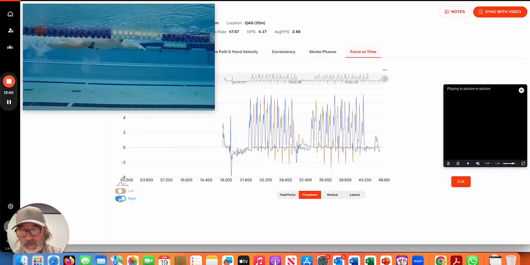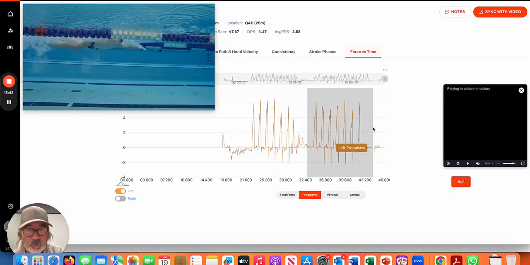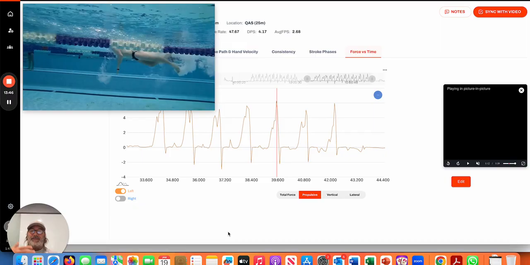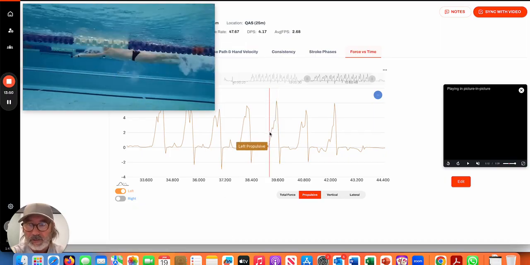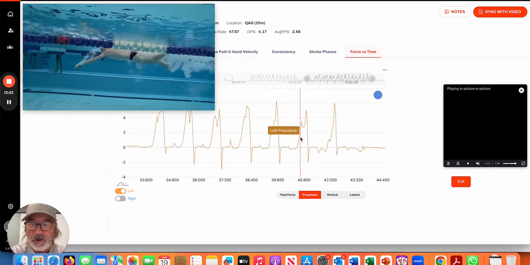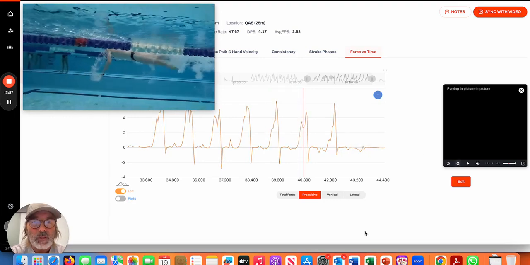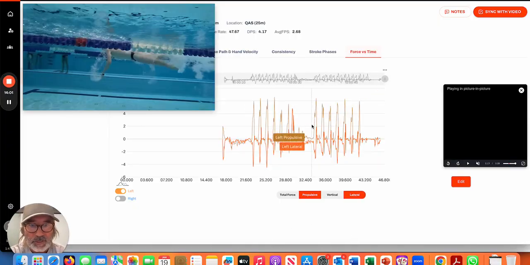Likewise, I want to have a look at his left. What we can do, we'll blow up lap 2, and we'll just click on here and say, show us lap 2. Now we can see his left hand, and we can see what's going on at any stage, backwards and forwards, and you can find that frame and go frame by frame. As well, if we want, we can look at his lateral on here too.